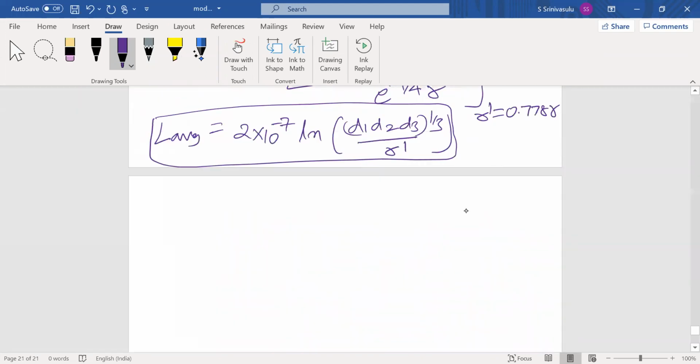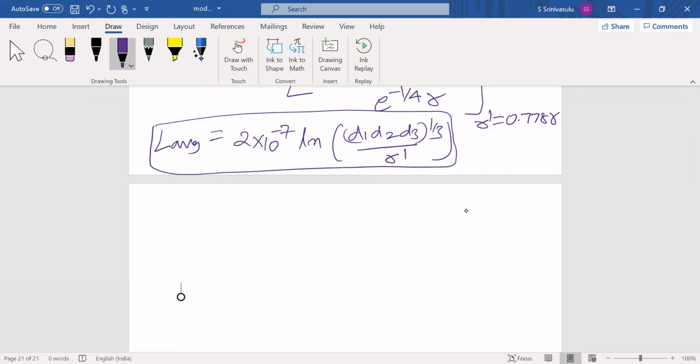Now this entire term is nothing but what is called the GMD, geometric mean distance.